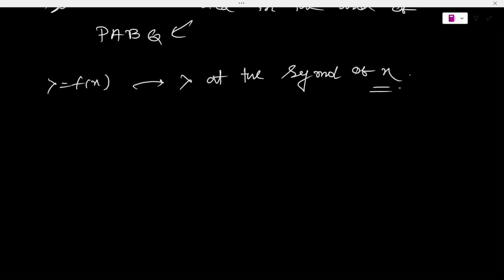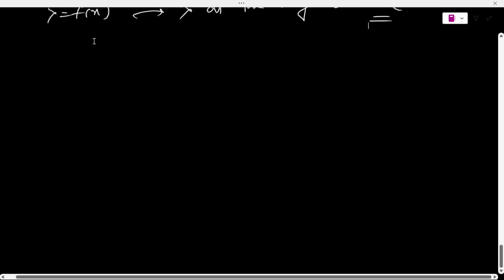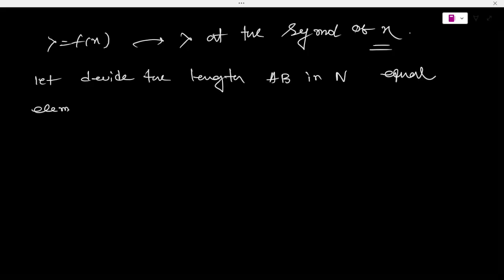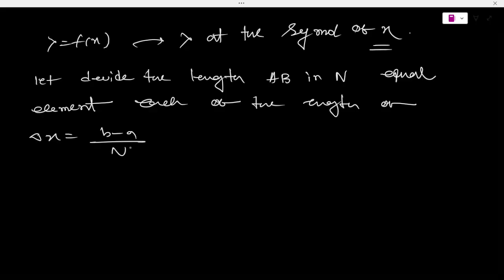Let us divide the length AB into n equal elements, each of length del x is equal to b minus a divided by n.